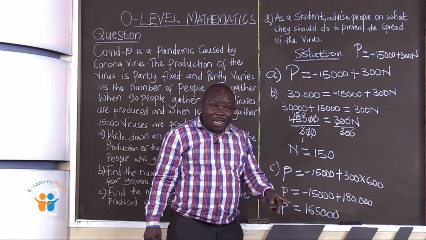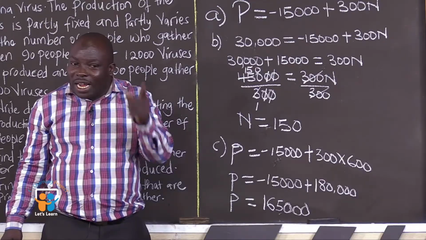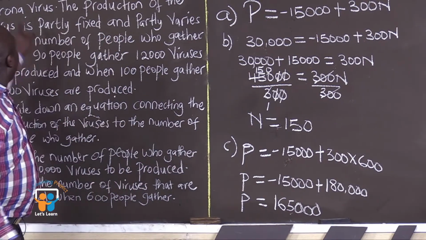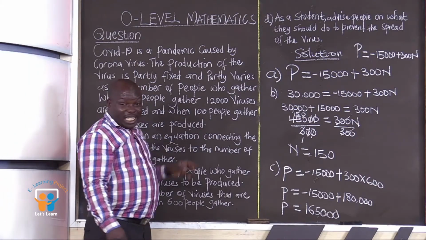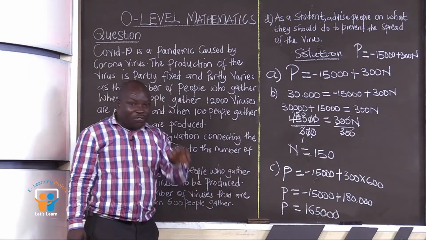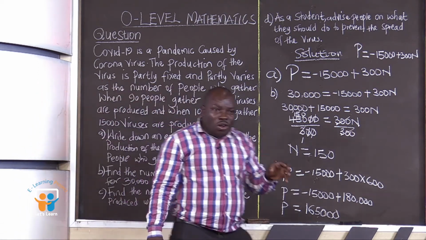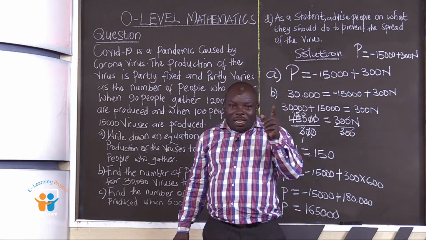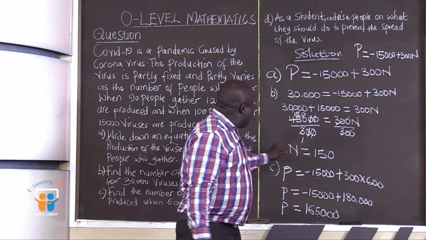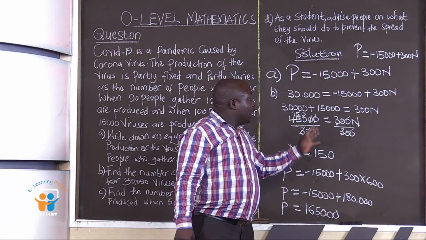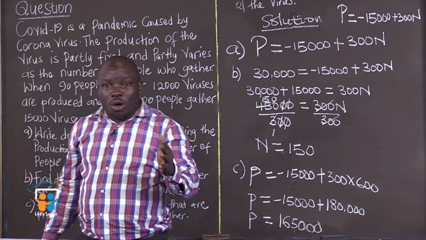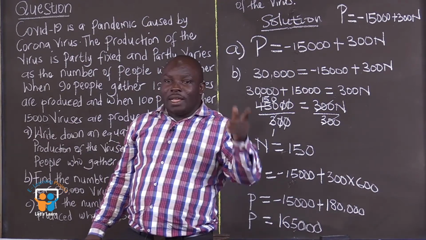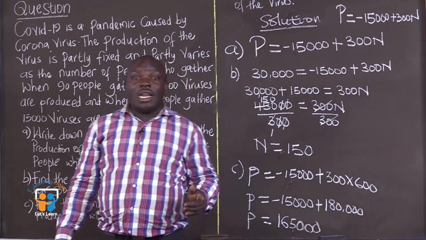165,000 viruses. But remember, since COVID-19 has no medicine, whoever gets the virus has higher chances of dying. So for us to get rid of that death, we must do what we call social distancing, as we were advised by the Ministry of Health and the President.